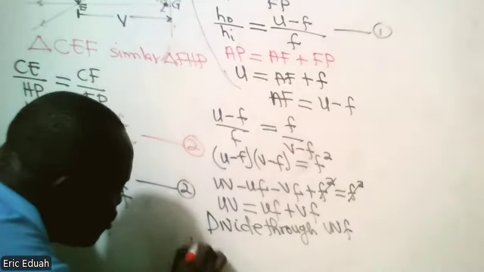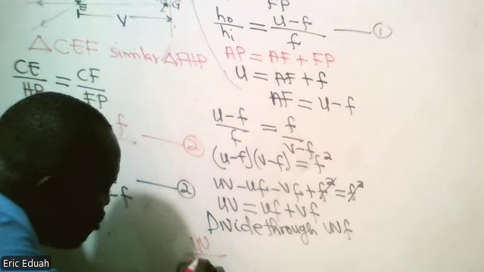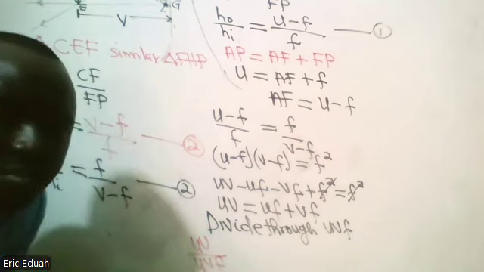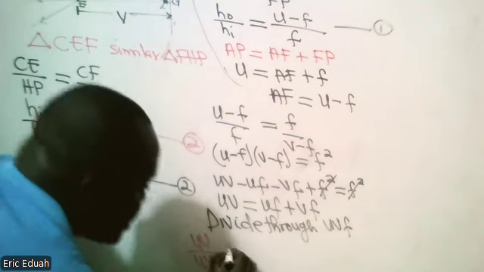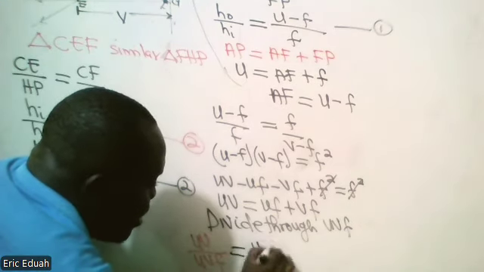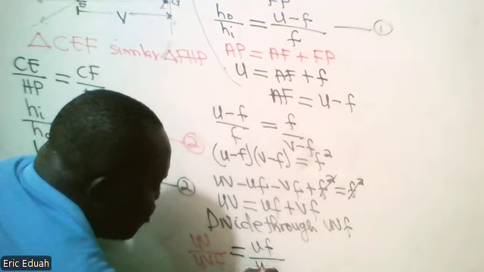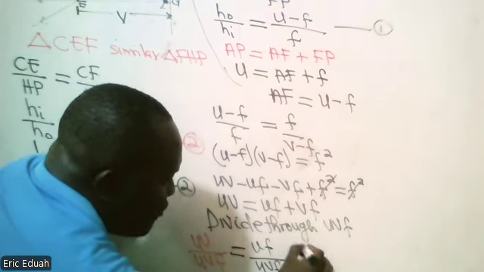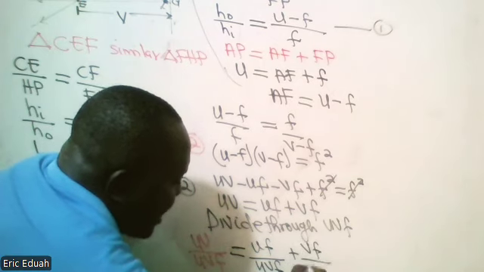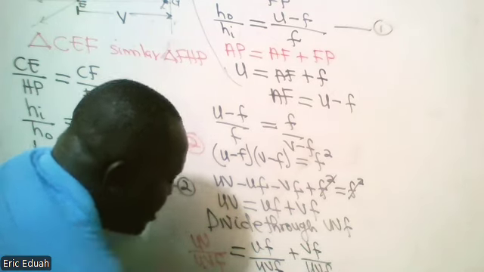So UV divided by UVF is equal to UF divided by UVF plus VF divided by UVF.